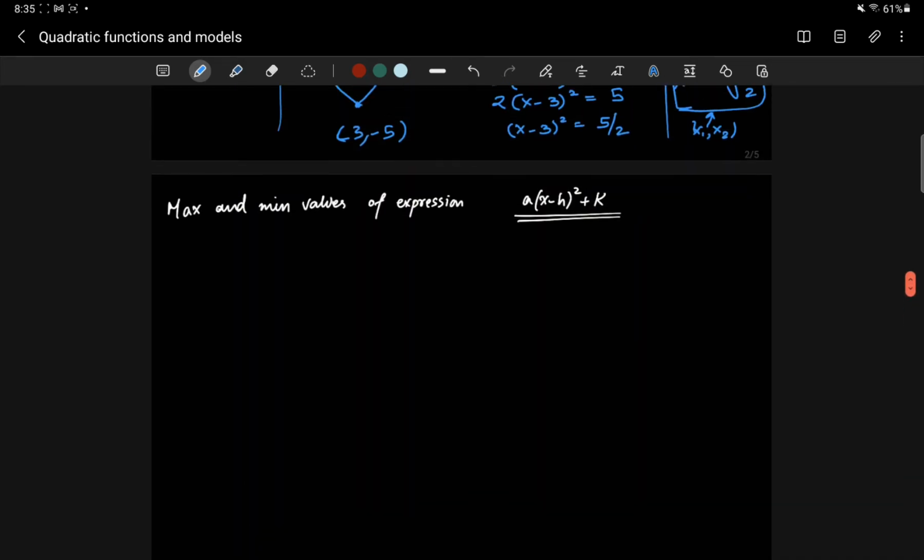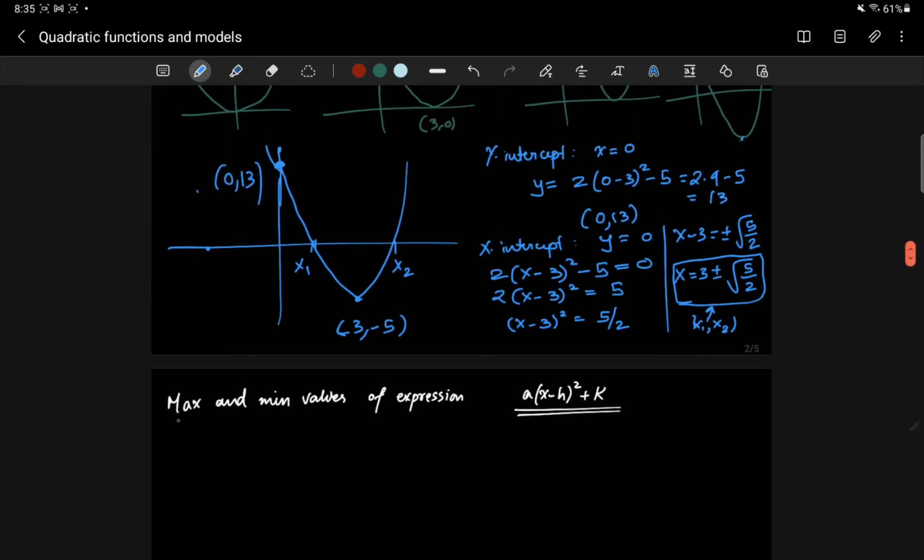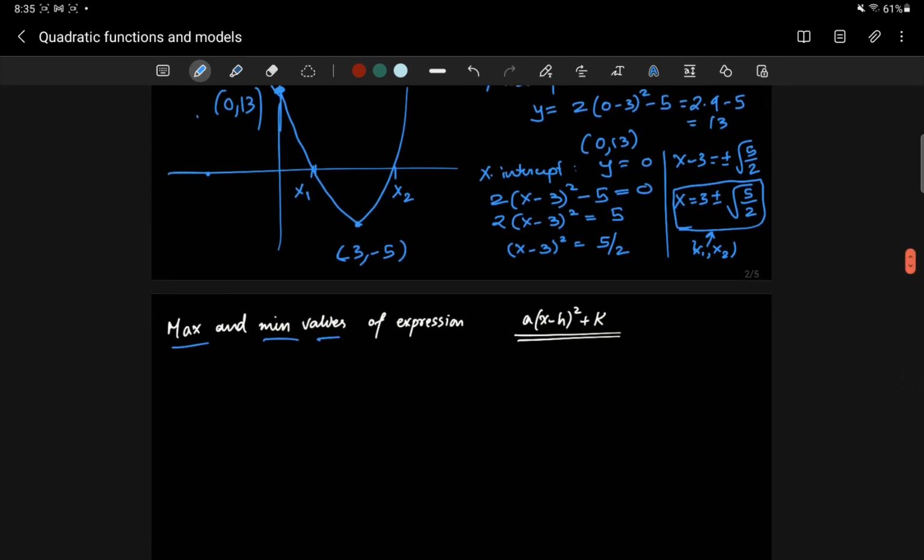The second thing to consider here is the max and min value of this expression. So a little background on max and min values. As always, we start with the simplest scenario, the simplest things that we know. One of the simplest things about max and min that we know is that squares of numbers are always positive or 0.